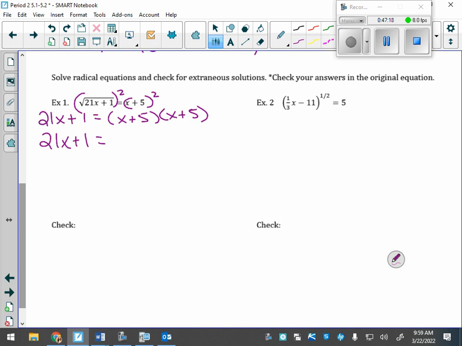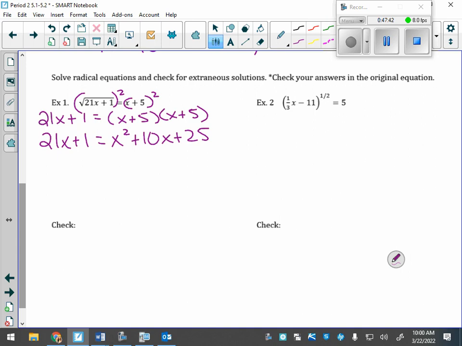What do I have to do on the right-hand side? Go ahead. Is everyone okay? Now, since we have that x squared term, we have to set it equal to 0.